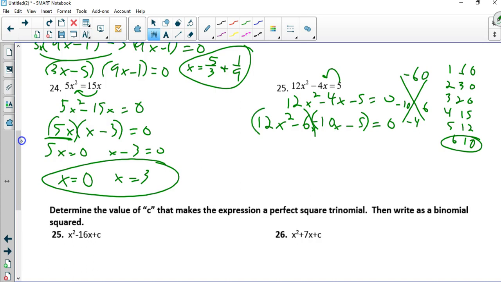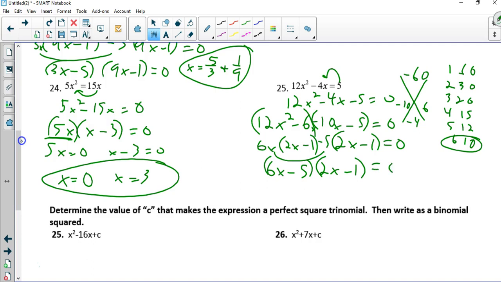I'm going to pull 6x this time out and get 2x minus 1. Does that look familiar? It should. This has to be 2x minus 1 also. What will make this 2? Pulling out a negative 5. Hook them up. There's my same 2. It ends up being just the same thing.